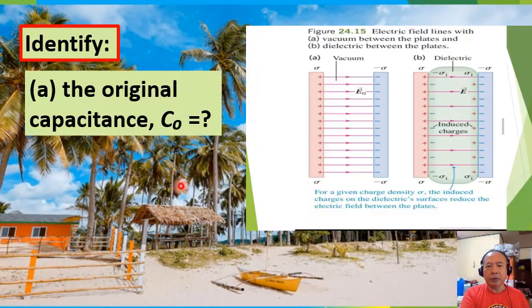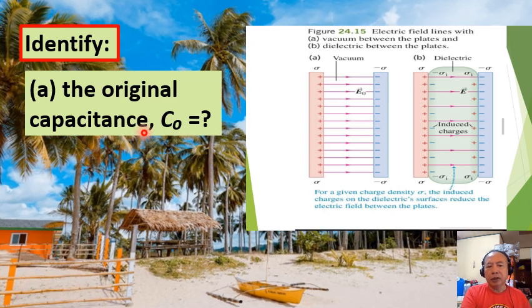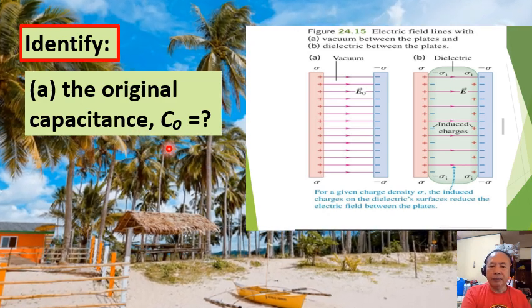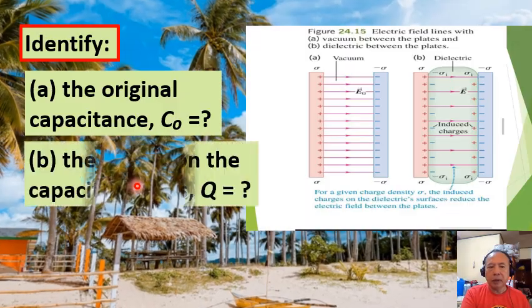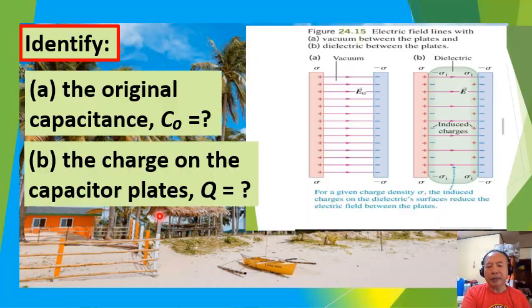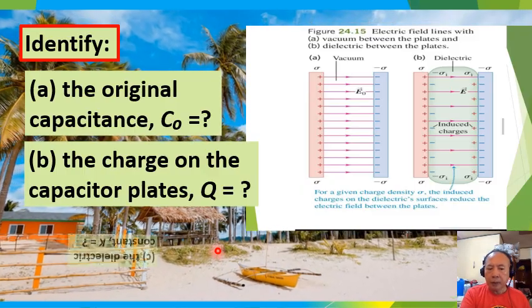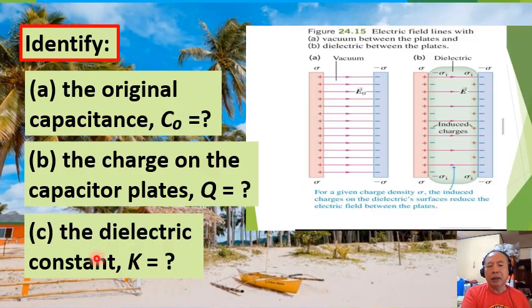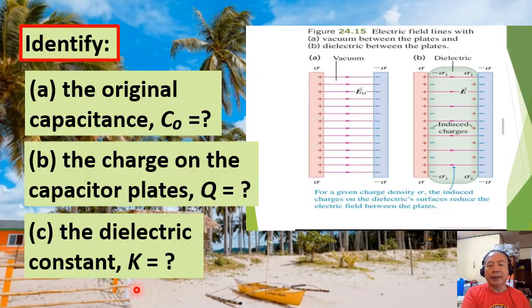Target variables in this problem, we have in letter A, the original capacitance, denoted by capital C naught. In part B, the charge on the capacitor plates, denoted by capital Q. In part C, we have the dielectric constant, denoted by the Greek letter kappa.